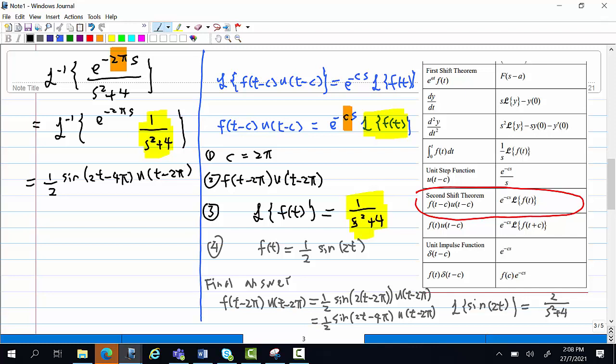But we know from trigonometry that sine of (2t minus 4π) is the same as sine of 2t. So this is half of sine 2t times the unit step function u of t minus 2π.